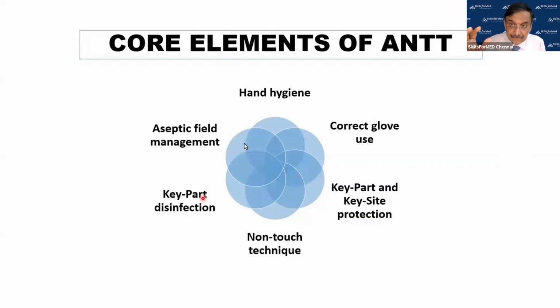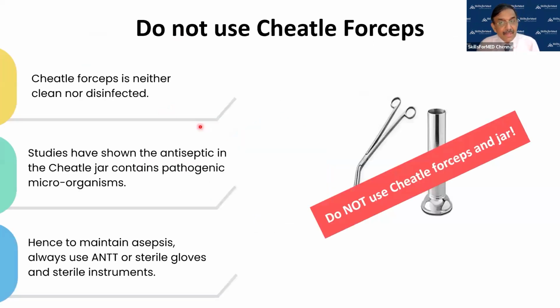It may be the penis or vagina in the case of a urinary catheter, or the skin of the neck in the case of a central line. This should be disinfected, and aseptic field management should be done. So these are the core elements of ANTT. Now let's look at them one by one.